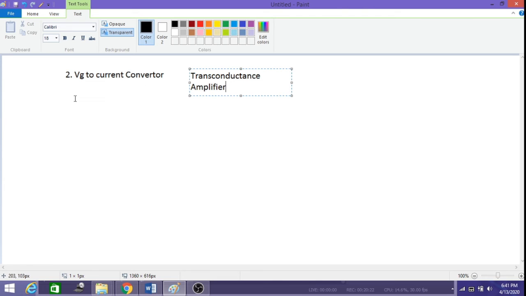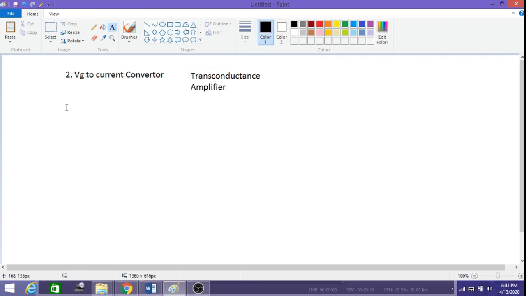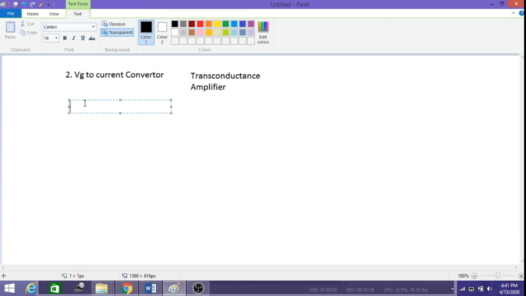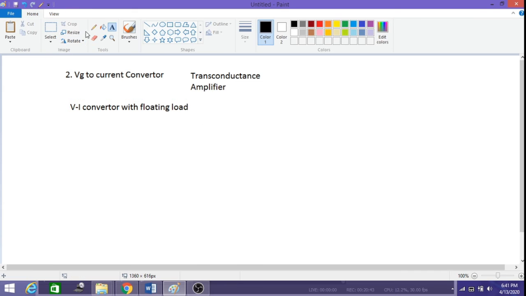Let's take the first one, VI converter with floating load, that is voltage to current converter with floating load. The circuit, if you write here, is exactly similar to our inverting amplifier circuit.